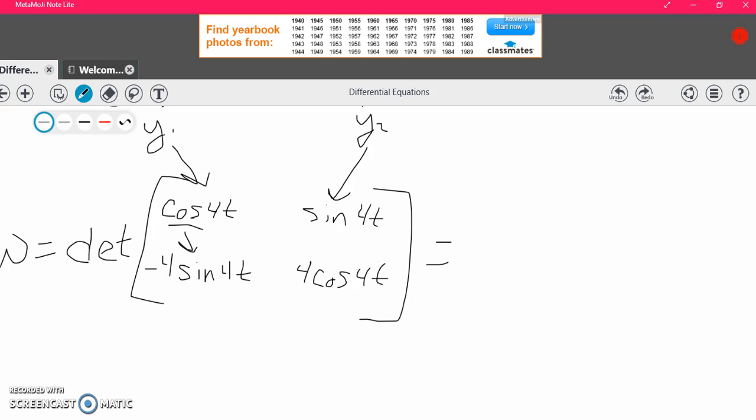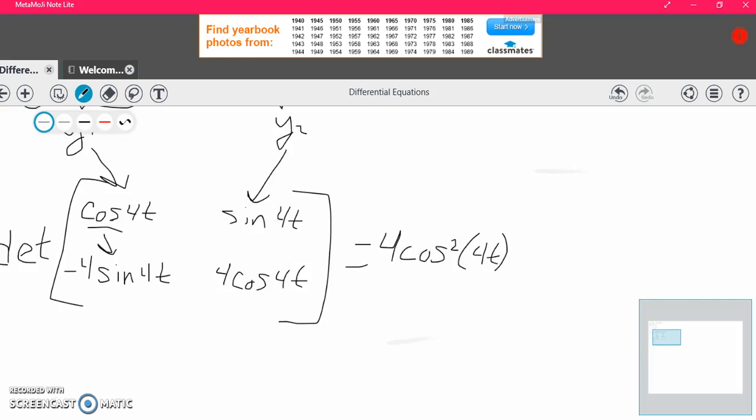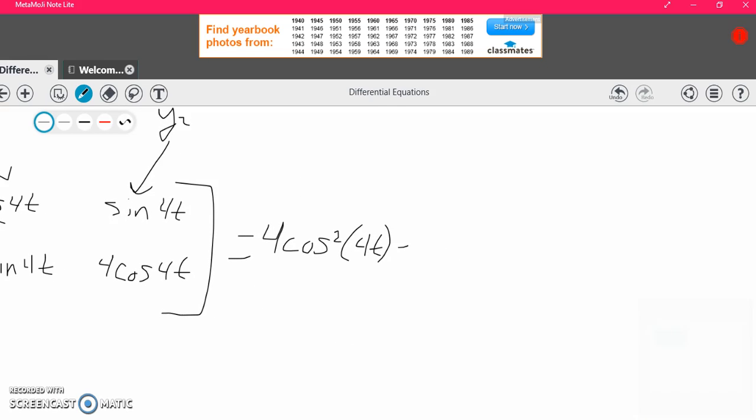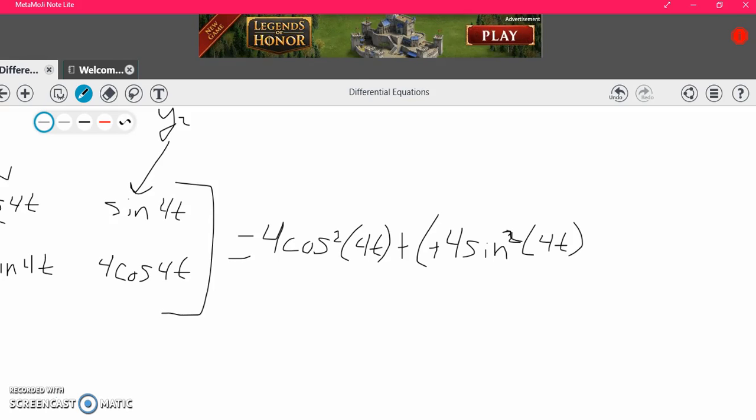And so you get 4 cosine squared of 4t minus negative 4 sine squared 4t. So these two will just cancel each other out, so you get a positive rather than a negative.